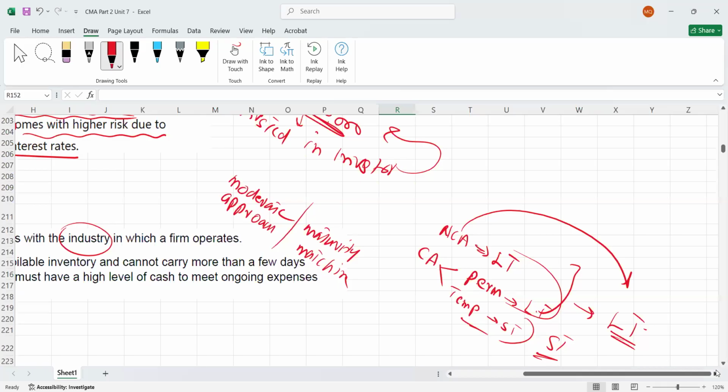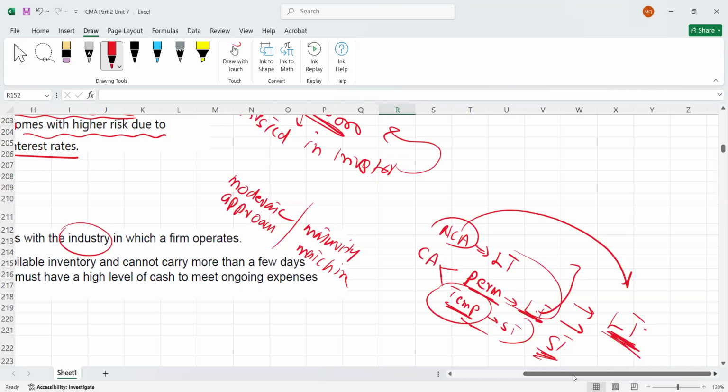Non-current assets are long-term in nature, so use long-term financing. Permanent current assets are also long-term in nature, so use long-term financing. But temporary ones, because they are short-term in nature, use short-term financing. So try to match the maturity of the assets with the duration of the loan. This is the moderate approach or maturity matching approach, right?